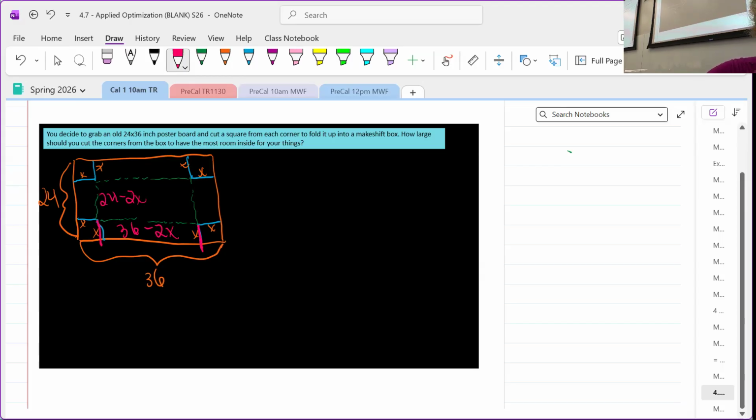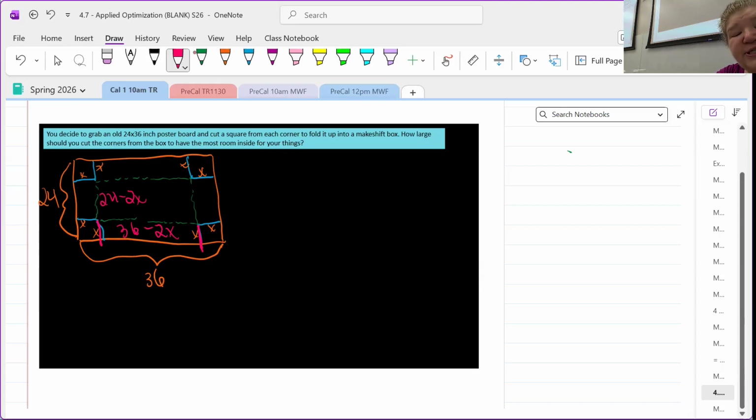Now, if seeing that is like my brain just exploded, what did you do? So one of the things I'll do on a problem like this, if doing it with variables is kind of confusing me, I'll pick a number for X. So if X was 3, a Post-it is actually 3 inches by 3 inches.